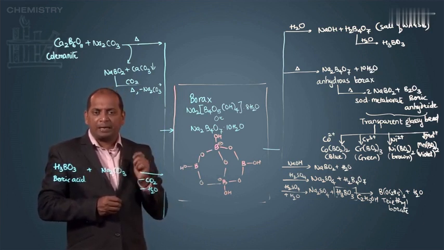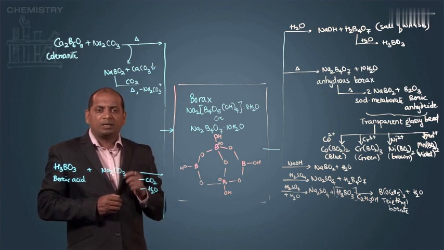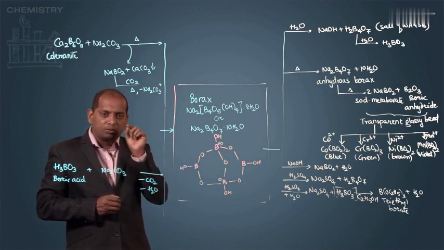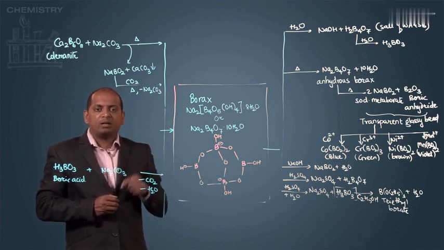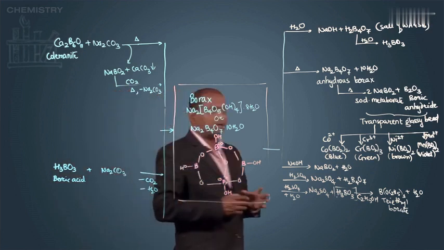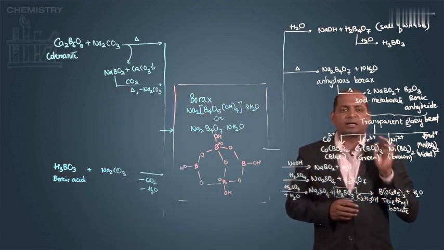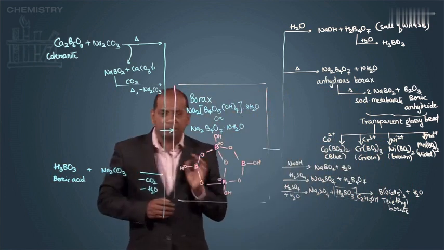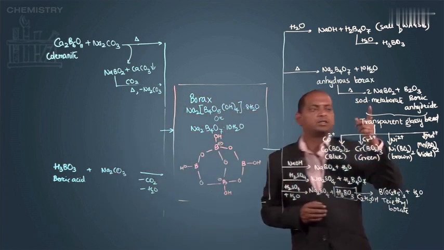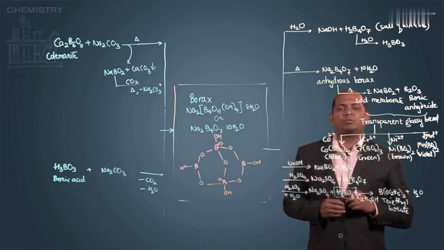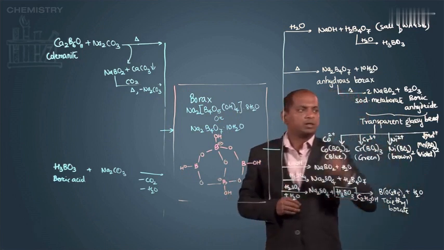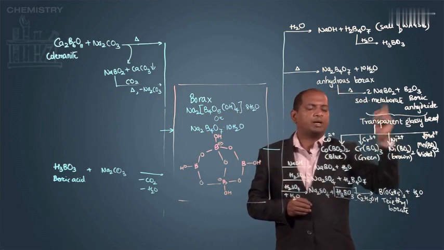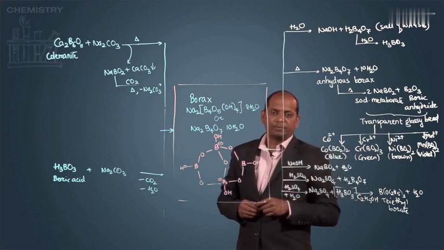We take a platinum wire and make a loop. On that loop we put borax, and after heating we get a transparent glassy bead, which is nothing but sodium metaborate, NaBO2, and boric anhydride, B2O3.